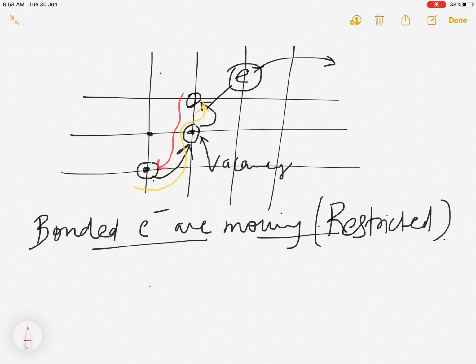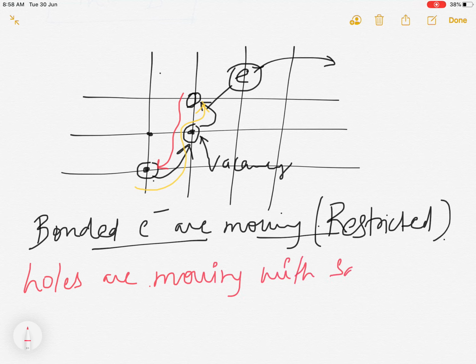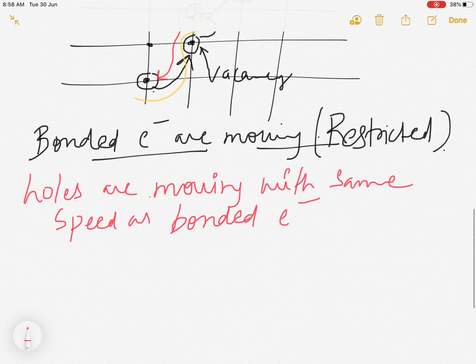So we can observe that holes are moving with the same speed as bonded electrons, but in exactly the opposite direction.